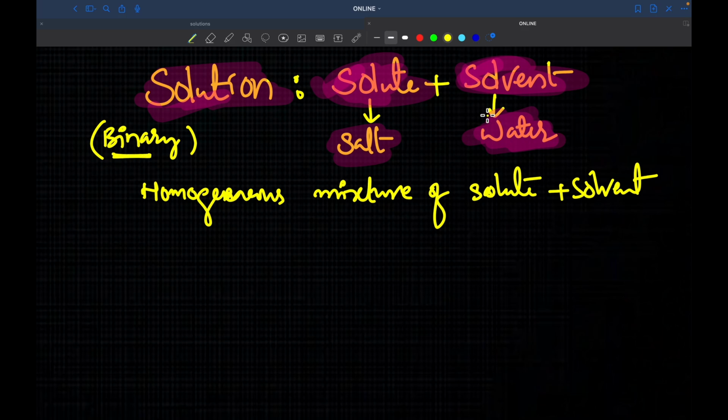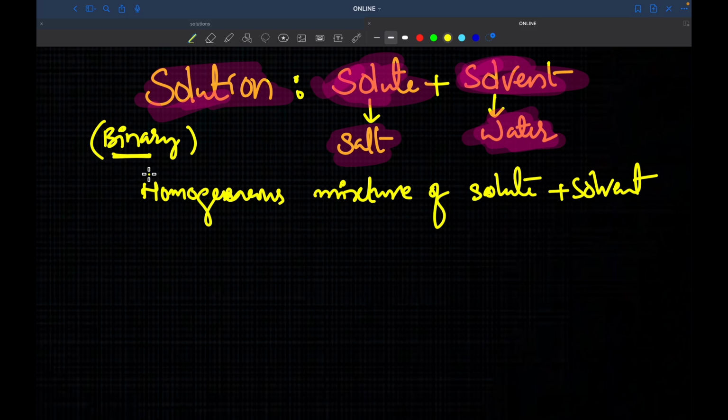In some cases you may have more than one solute. So in that case you may get four components here, or three components. In that case you will get a trinary solution, right? Solutions with four components can also be seen, but the majorly occurring solutions are binary solutions.